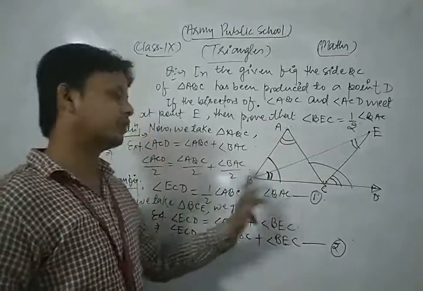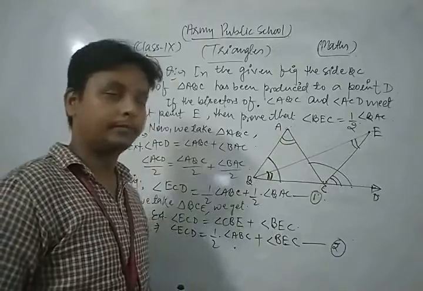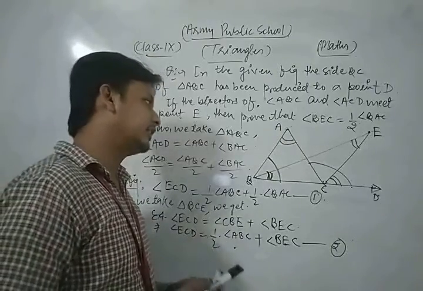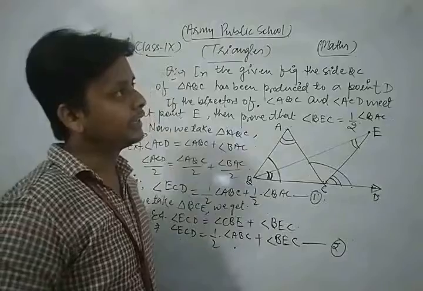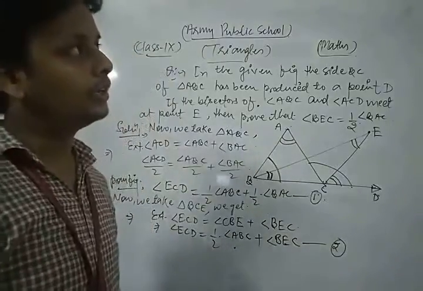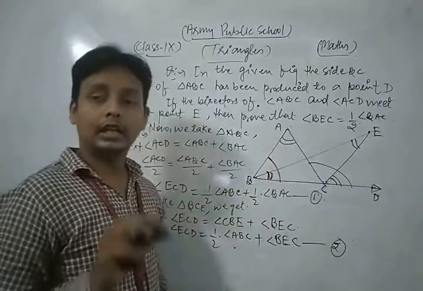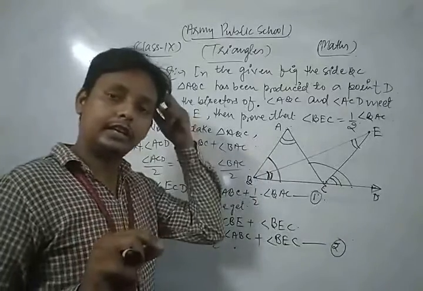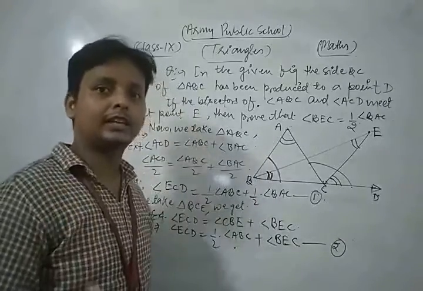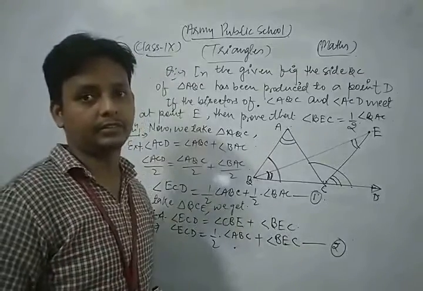In this way we form equation number 1. Now again we take triangle BCE, and we again apply the exterior angle property for that triangle.